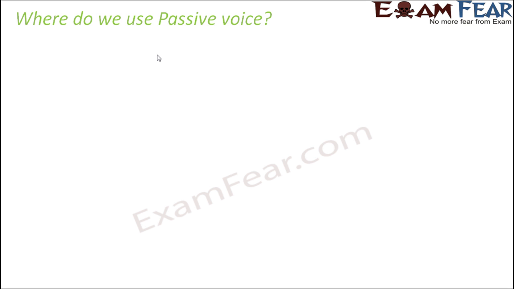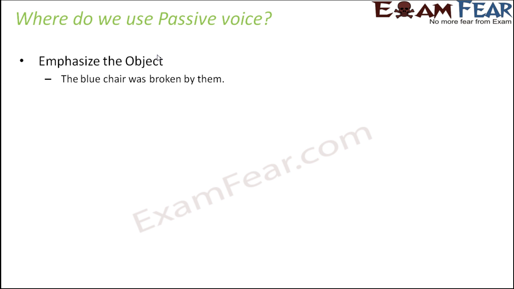Whereas passive voice is used only in those cases where you do not want to be very specific. Let me give you certain scenarios where we use passive voice. We use passive voice when we want to emphasize the object. That means when we want to give more importance to the object.